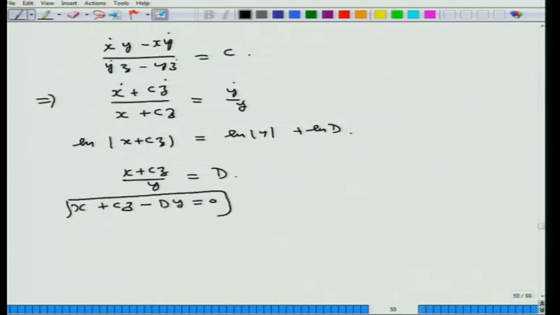So, this gives you the equation of a plane. So, this point x y z lies on a plane.